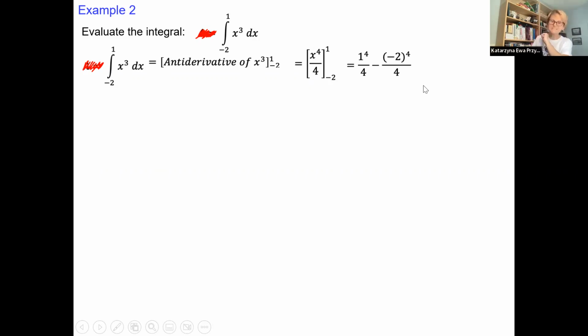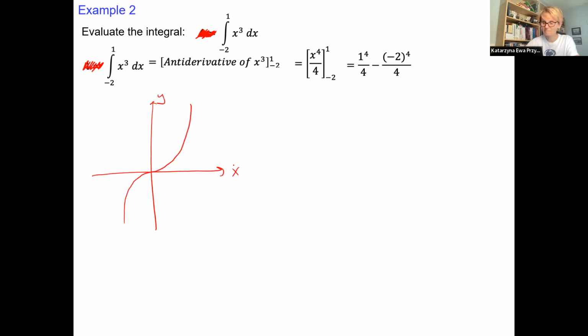But now it's the arithmetic. Will the answer be negative or positive? I can draw the function x cubed, and it will be negative. And do you think it's correct?